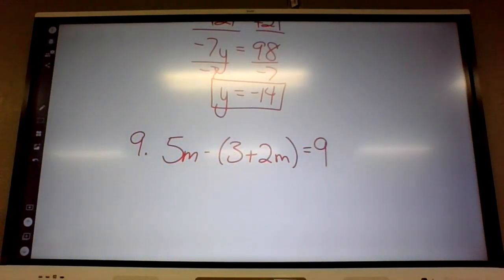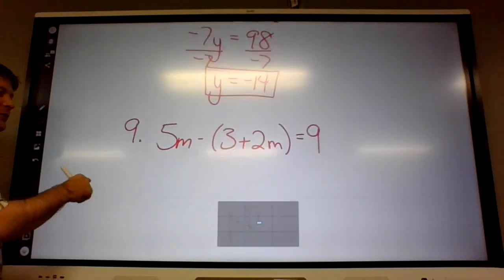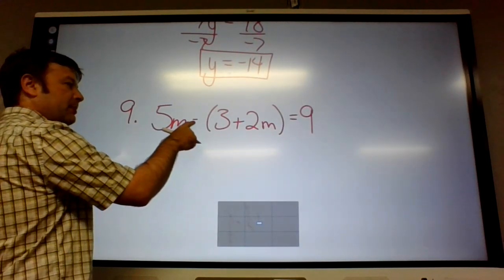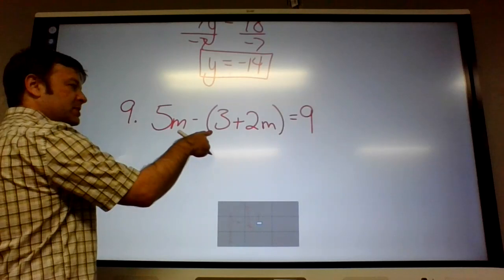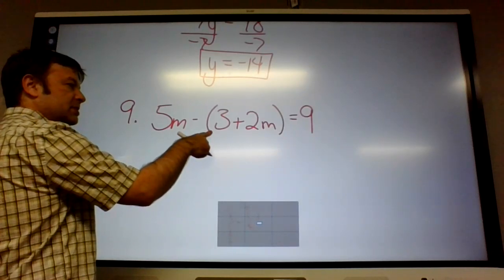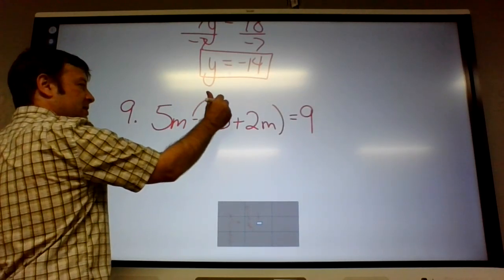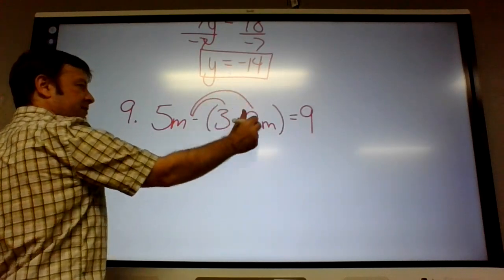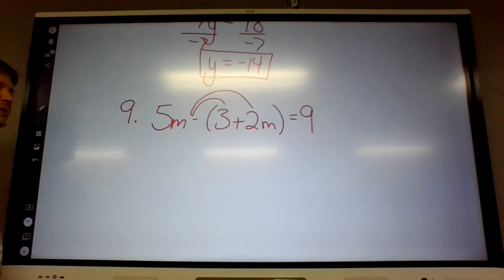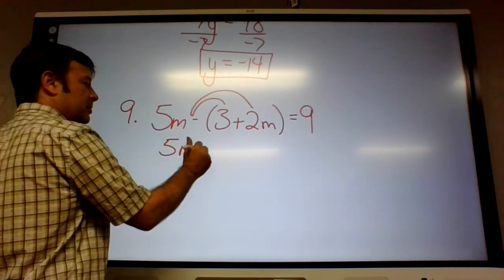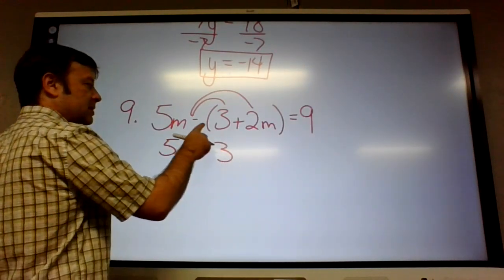Alright, Allison, we did a few of these back on the distributive property. Do you remember what happens when there's a minus right in front of the parentheses? Well, it's kind of still distributing, but you have to subtract both of those. So, it's 5m minus 3.